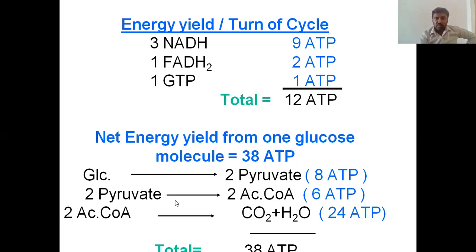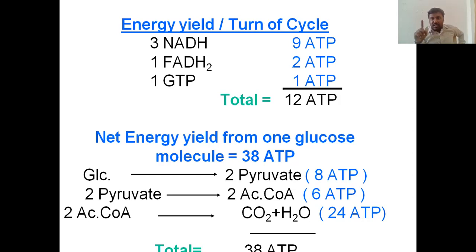So here 1 NADH per pyruvate, so 2 into 3. 1 NADH plus H plus produces 3 ATPs, so 6 ATPs. So in the citric acid cycle, 24 ATP. Like that, we can get the 38 ATPs for one glucose molecule.